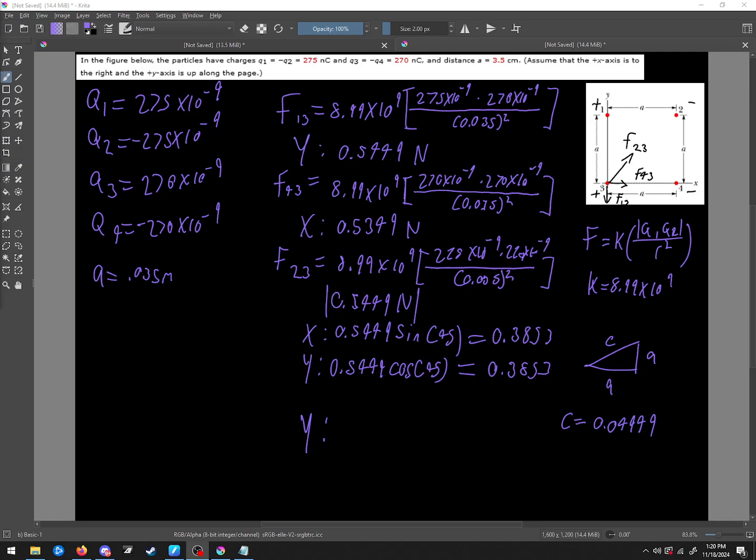Ah, yes, I completely forgot. Okay, this is the problem. This is not 0.035. I don't know why I wrote that. I even solved for it here. It's this here. So this is actually 0.04949 squared. This should solve all of the world's problems.